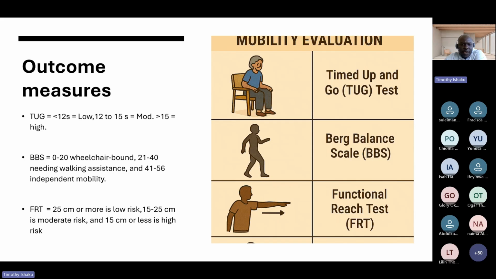Yeah, thank you. So let's move to the next bit, the functional reach test. The functional reach test is pretty much the same. You can use it to assess balance. This also is interesting for fall risk as well as balance, because you can go and read about the implementation and things like that.